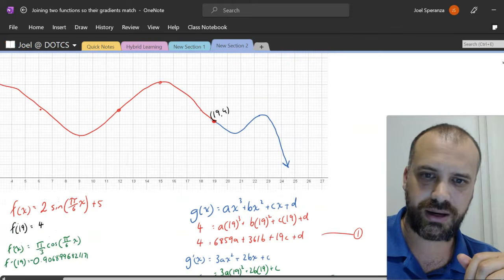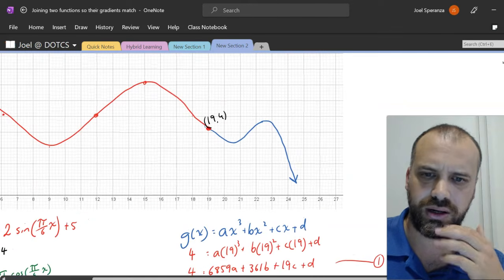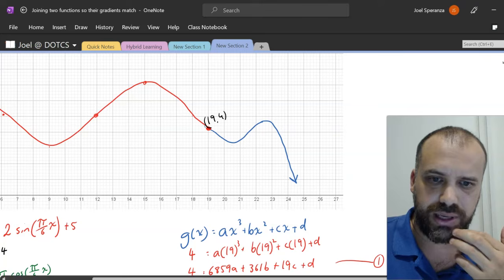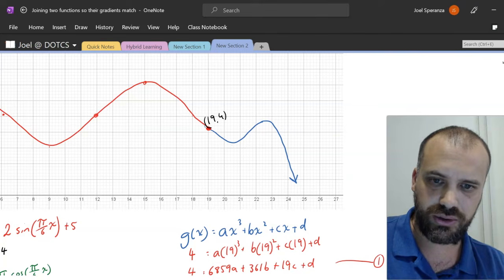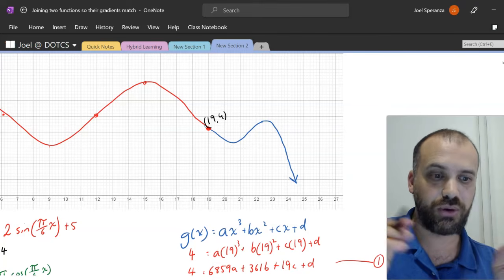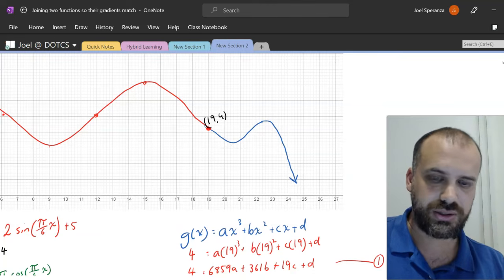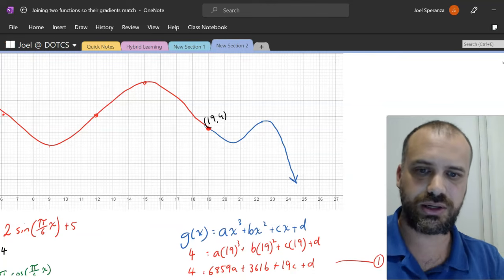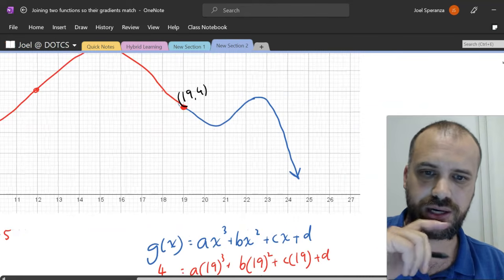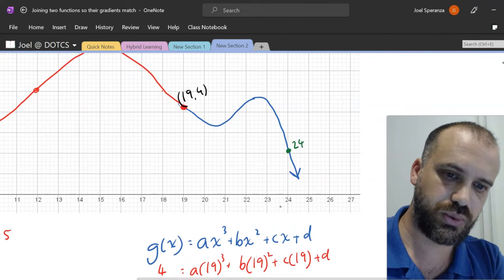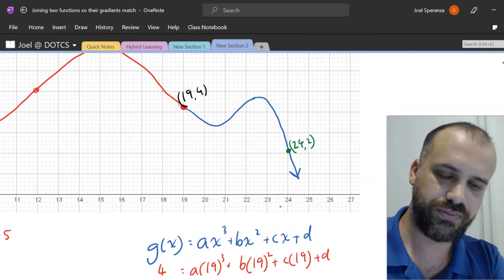Well, I've got to go back up here now. All I really need to do here is pick 2 points on the blue equation that I want it to pass through, right? Remember, I kind of sketched this one by hand, so I can pick the points that I want it to pass through. And I want it to pass through this point here, which we'll call 24, 2.